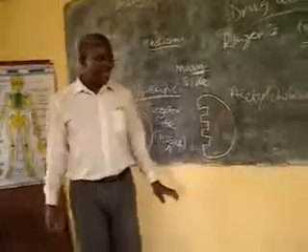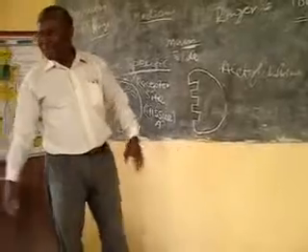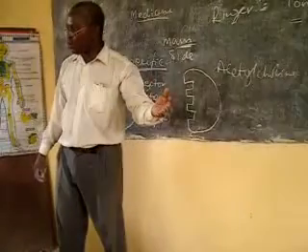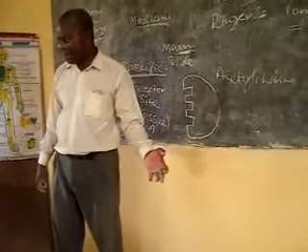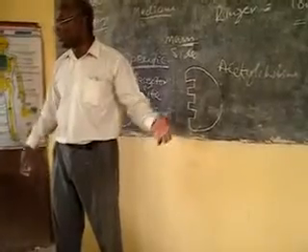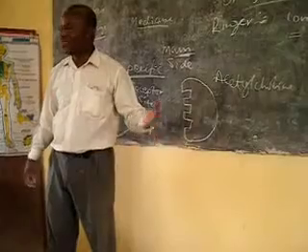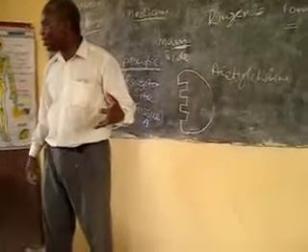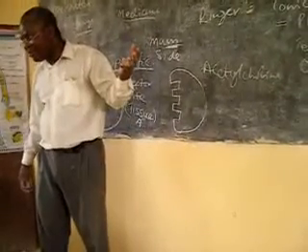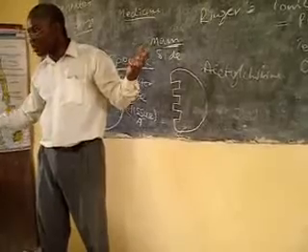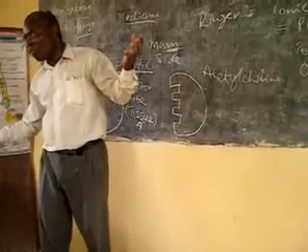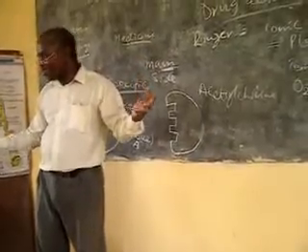Now, we have the excitatory action on one side and the inhibitory action on the other side, right? During the day, we are very active. That actually means that our acetylcholine is high. The inhibitory action is a little bit low, but during the night, it is opposite.